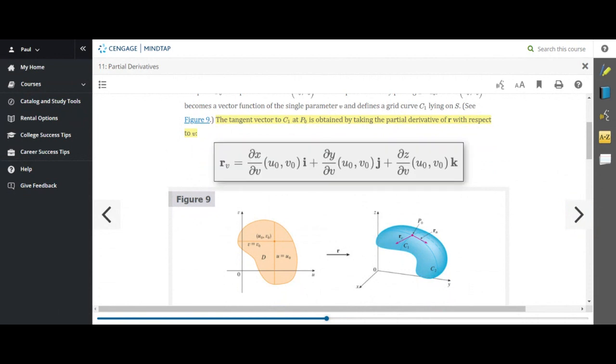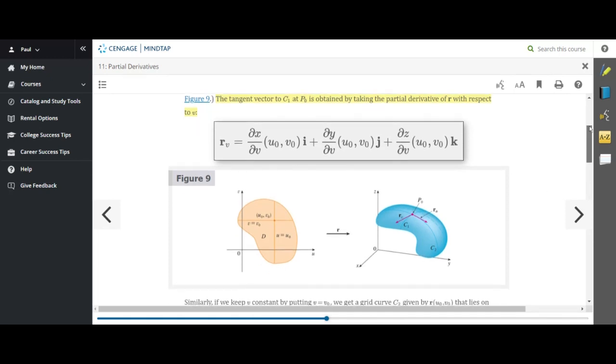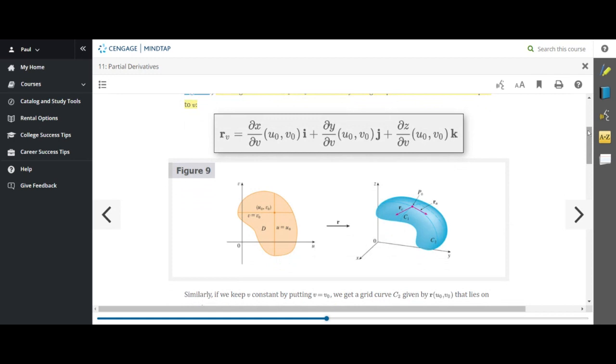So if you hold the one parameter constant, if you hold the parameter u constant, and find the derivative vector with respect to v, then that tangent vector would be the tangent vector that you see in Figure 9 here.